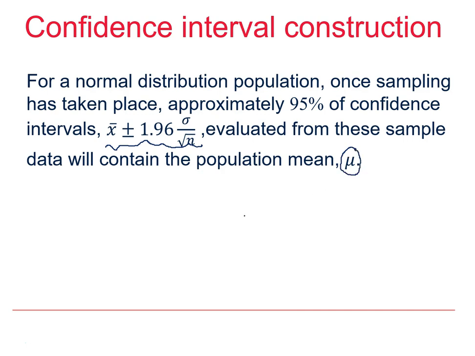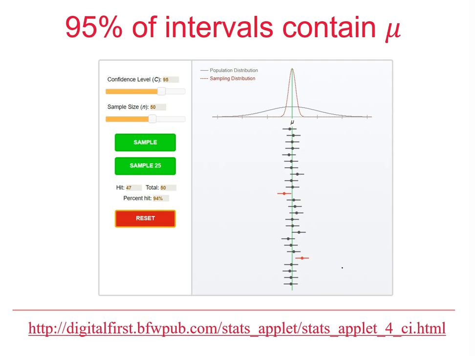So we are talking about a probability of 0.95 of a confidence interval evaluated from our population containing the actual population mean mu. And this can be a slightly awkward concept to grasp, in that what we're looking at are lots and lots of confidence intervals.